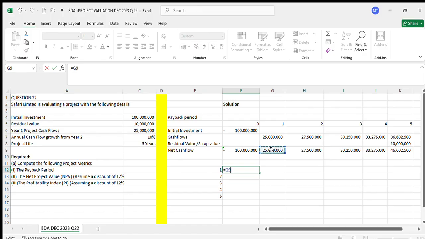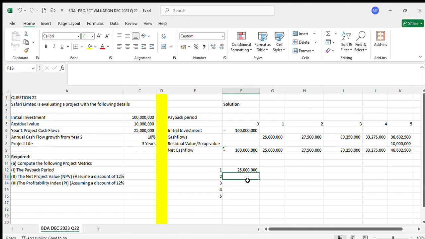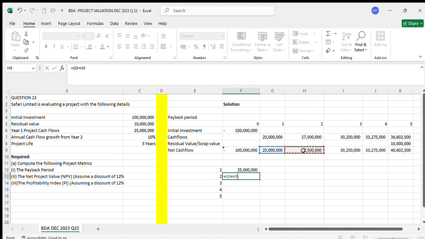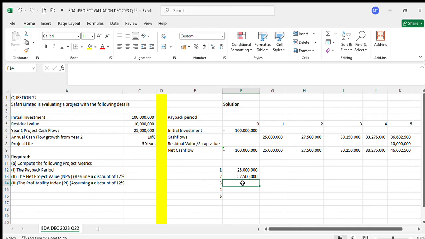Year 1 we are going to recover 25 million. Year 2 we are going to recover 25 million plus the value for year 2. Then year 3 we are going to recover year 2 plus 3.